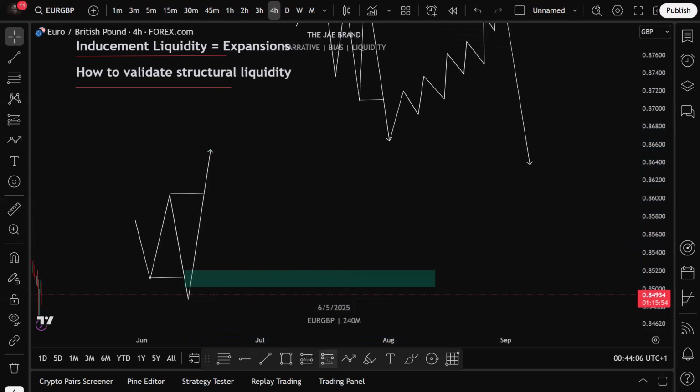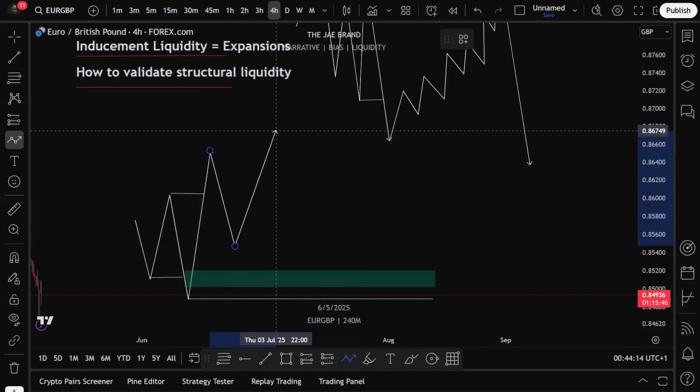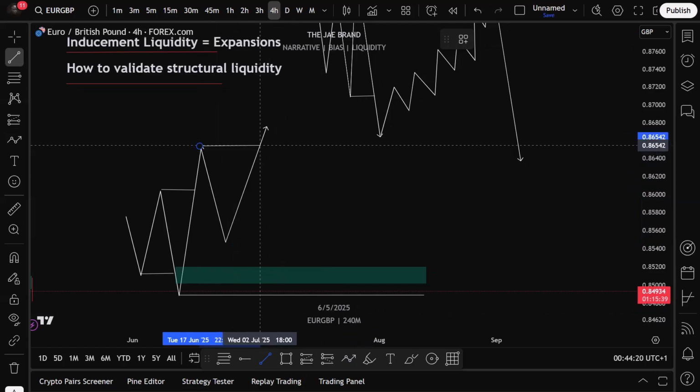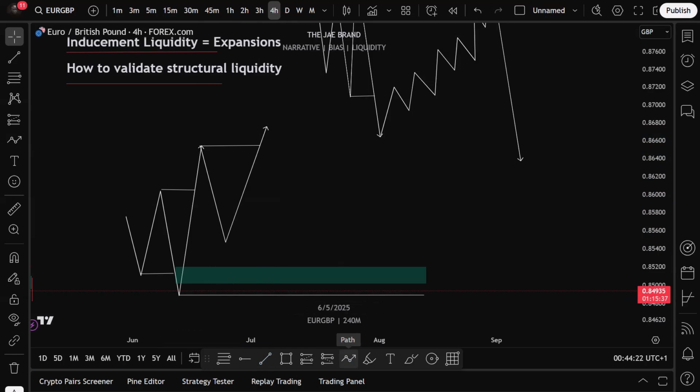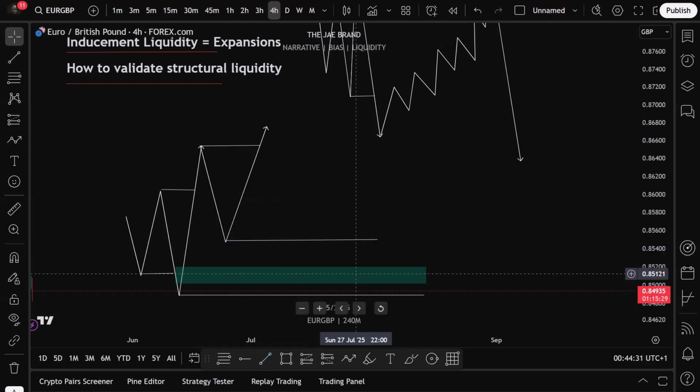In a normal swing structure, what you want is to at least see a structural liquidity, and then you will be sure that price will come. This will now be a validation of your POI.